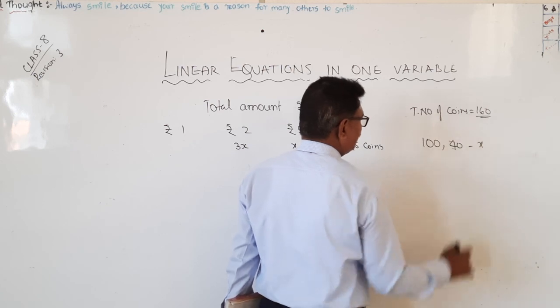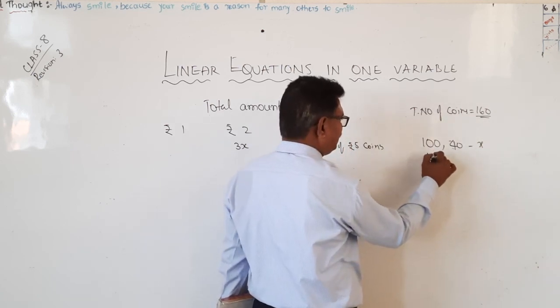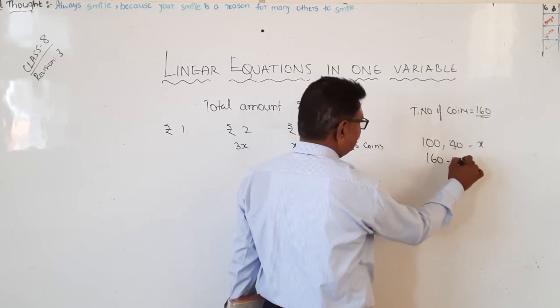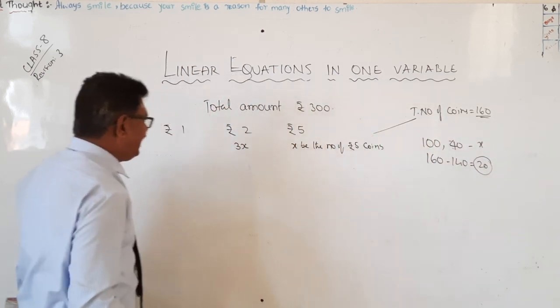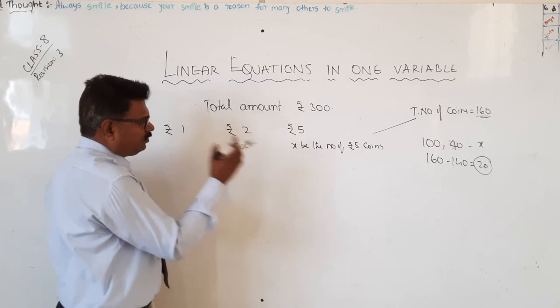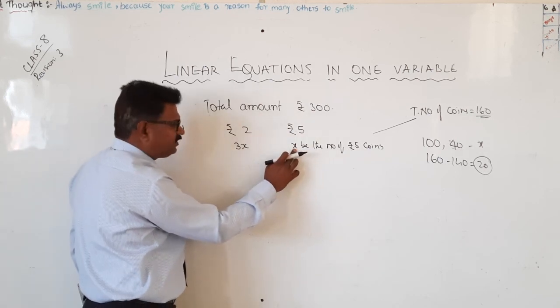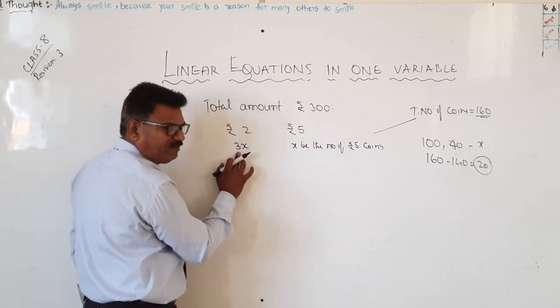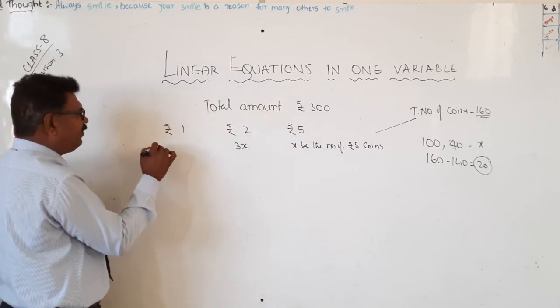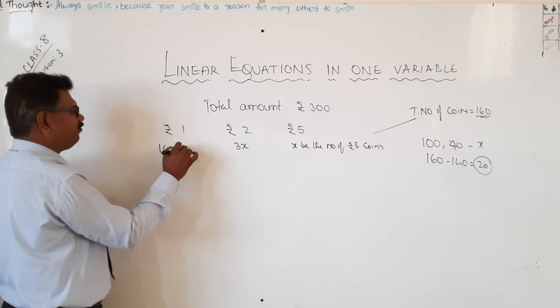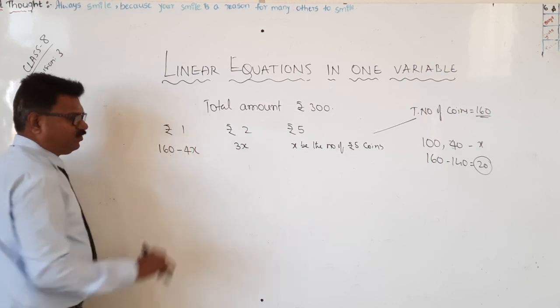Therefore, what about the remaining? It is nothing but 160 minus 140 equal to 20. So just apply here: 5 rupee coins will be x and 2 rupee coins will be 3x. Therefore, the 1 rupee coins will be 160 minus 4x.